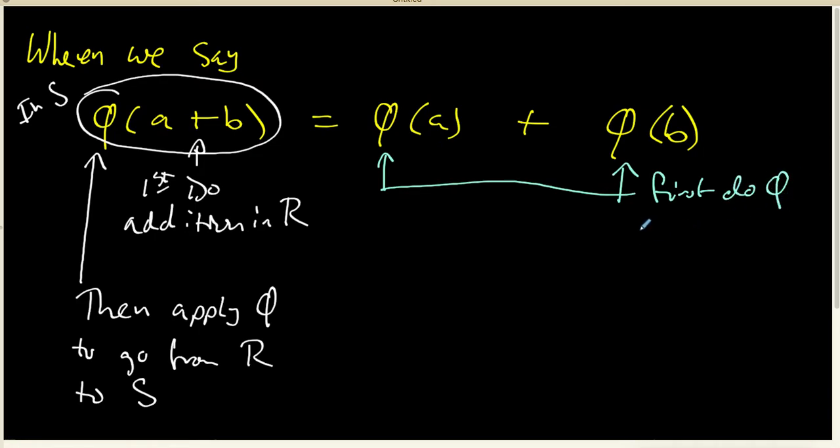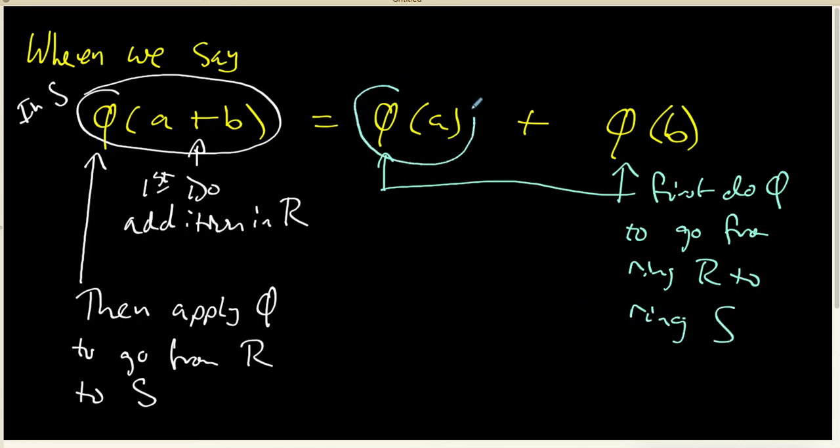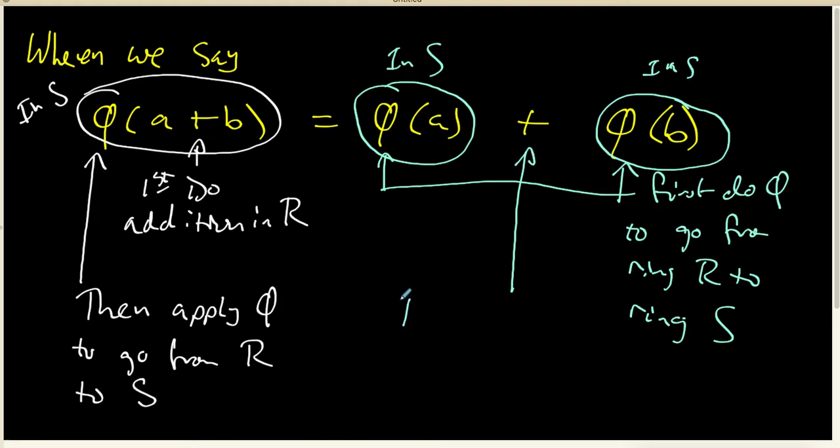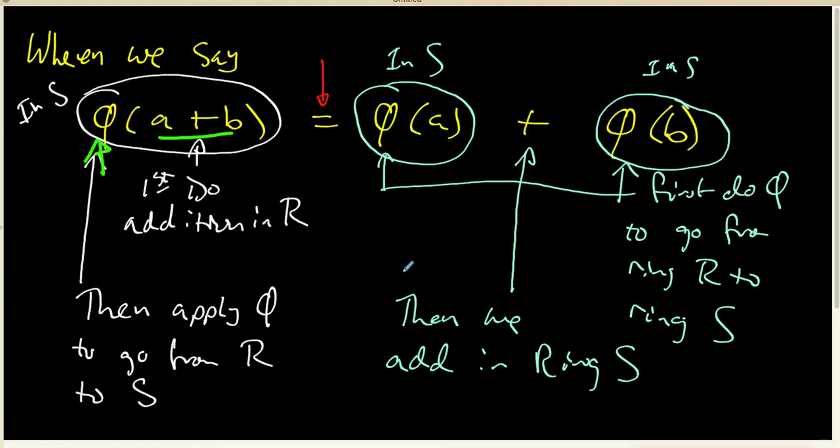And that means that we're first going to go from ring R to ring S. So this element is now in S, and this element is now in S. And once we're in S, then we do the addition inside ring S. So the upshot of this equal sign is that it doesn't matter whether we add in R first and then do the ring homomorphism, or we do the ring homomorphism first and then do the addition.